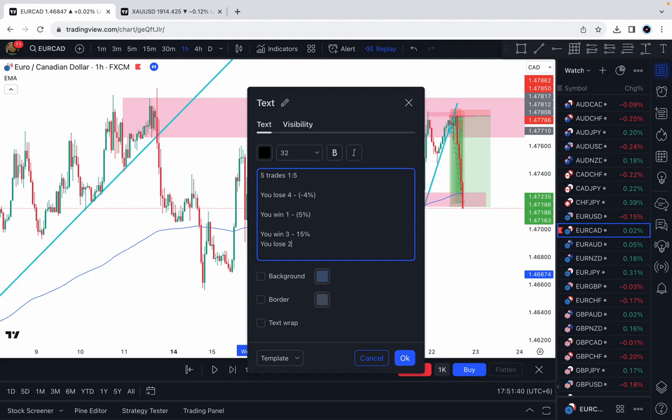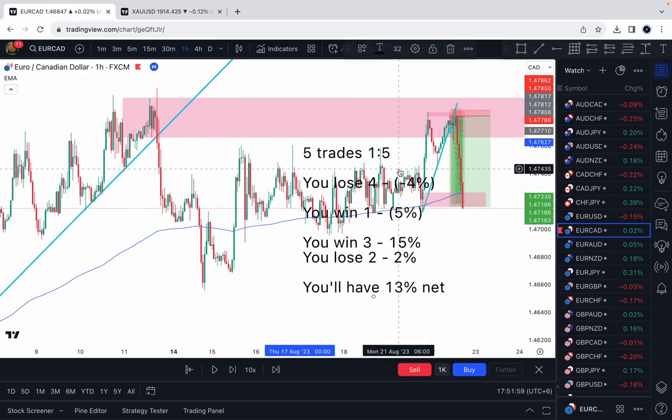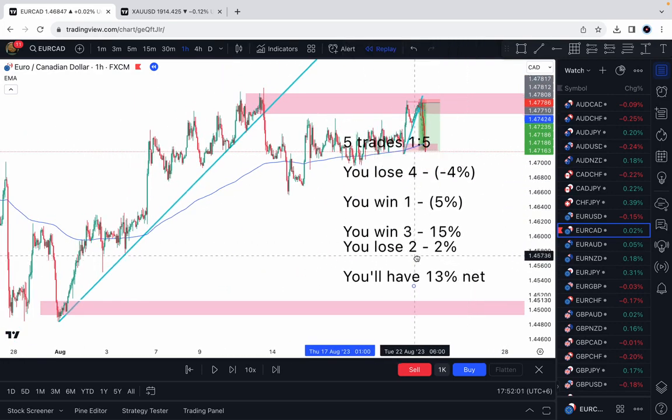You lose 2, that's only 2%. So you will have 13% net. Right, guys? Simple as that.